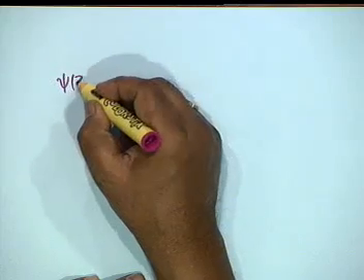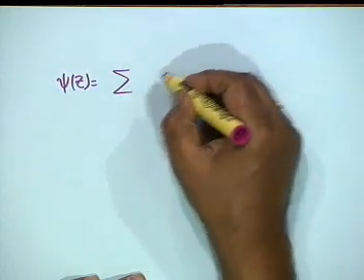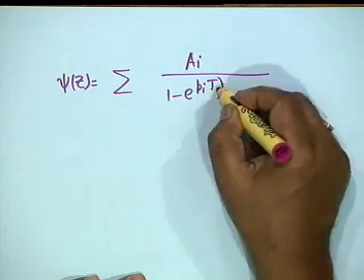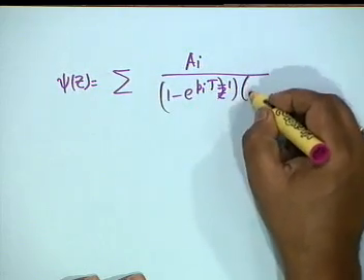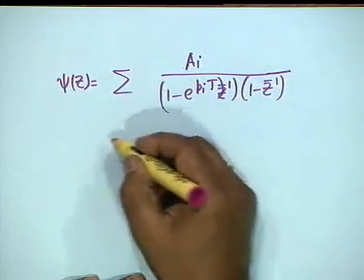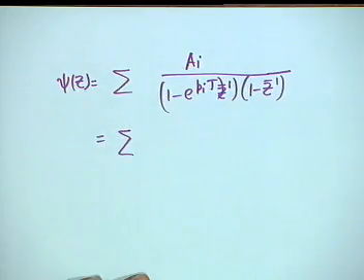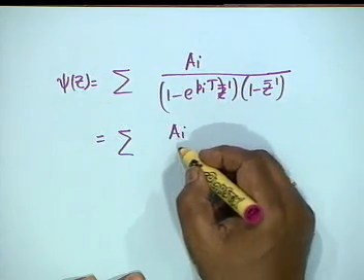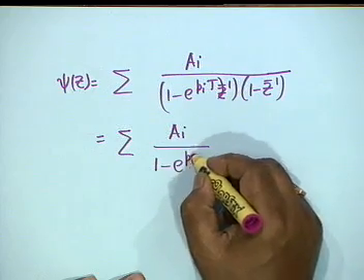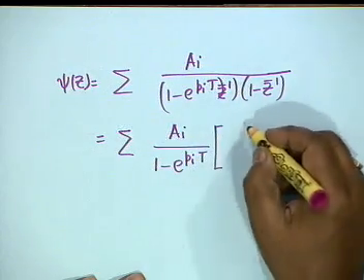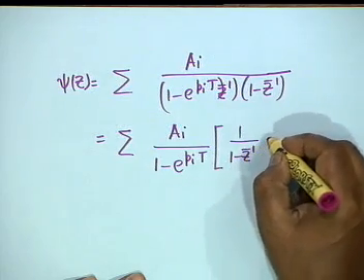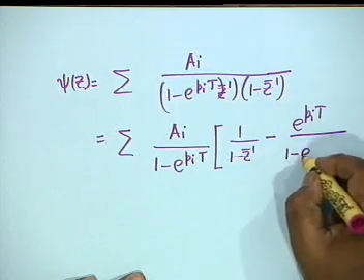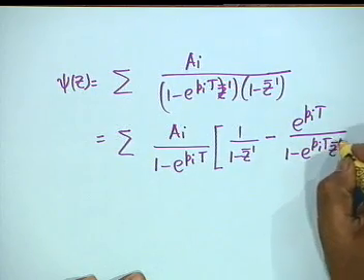Psi(z) is equal to the summation of A_i divided by 1 minus e^(p_i T) z^(-1), multiplied by 1 by 1 minus z^(-1). That can be written in partial fractions as I have done: A_i divided by 1 minus e^(p_i T), multiplied by 1 by 1 minus z^(-1) minus e^(p_i T) divided by 1 minus e^(p_i T) z^(-1).